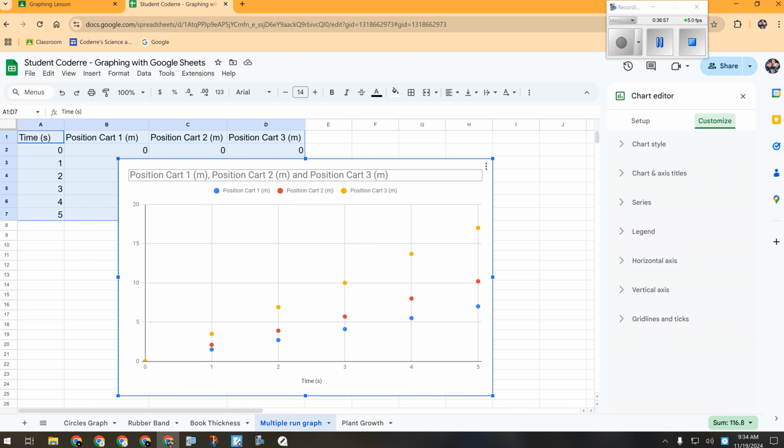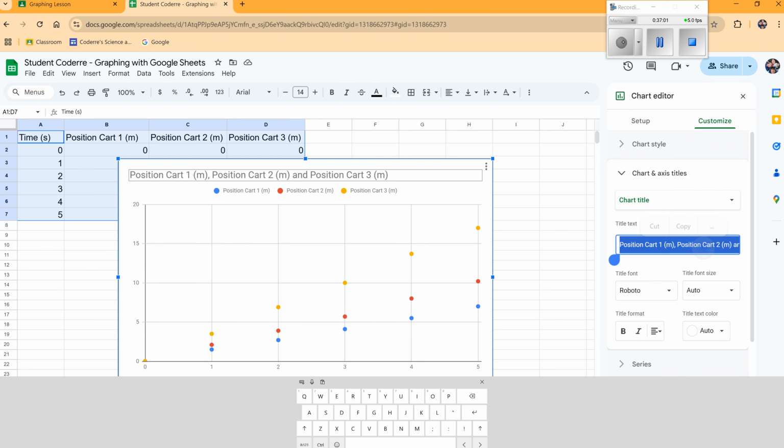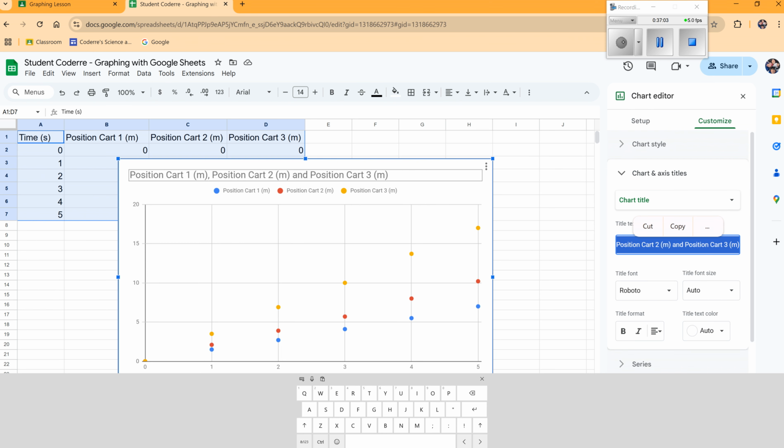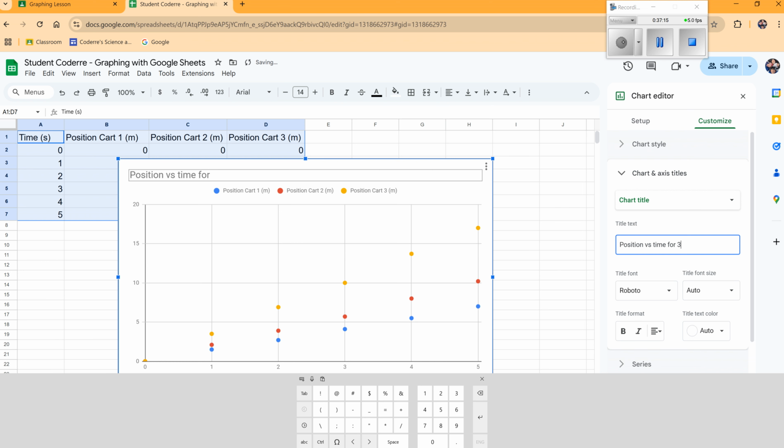Because that title's terrible. That's a completely meaningless title, so that's the first thing I want to change. I'm probably just going to call this position versus time graph. Position versus time for 3 carts. That's a lot more descriptive than what was on there before.